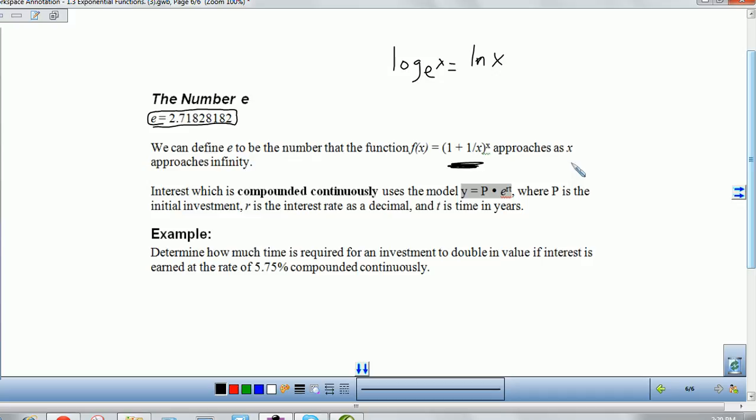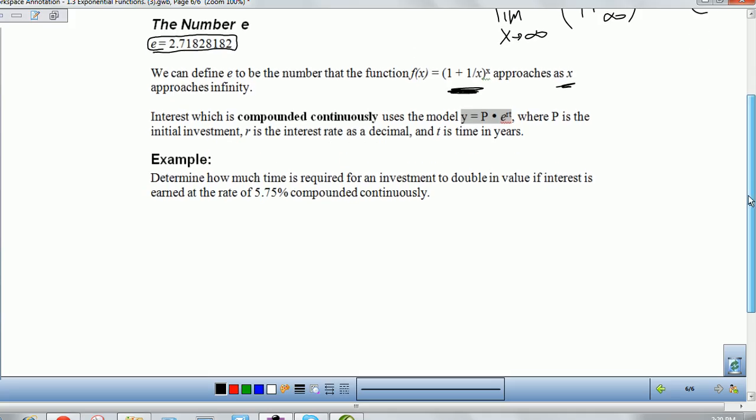And so as x approaches infinity, it would be the limit as x approaches infinity of 1 plus 1 over x to the x. That's basically what we know as e. Okay, so when you're compounding continuously, which is always used in application problems when it comes to nature, things growing or decaying, you're going to use this formula, the Pert formula.